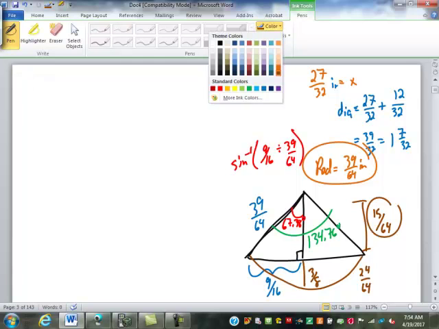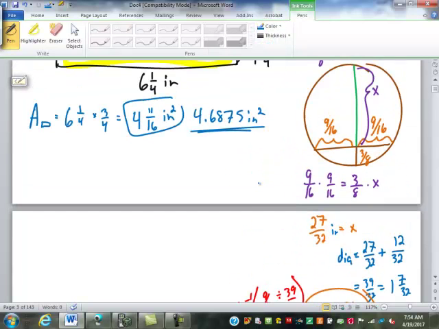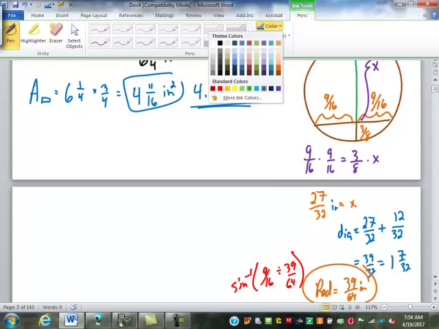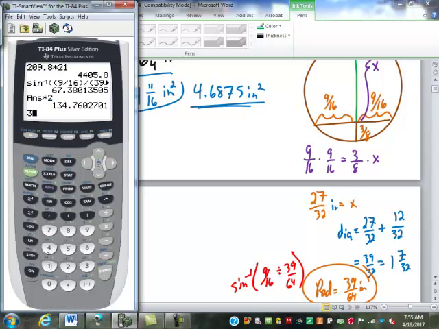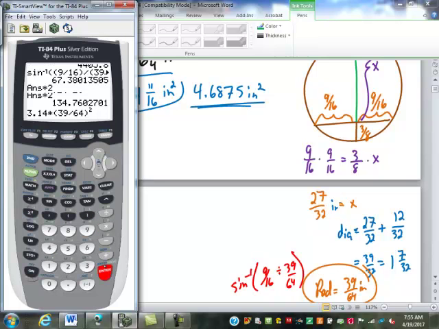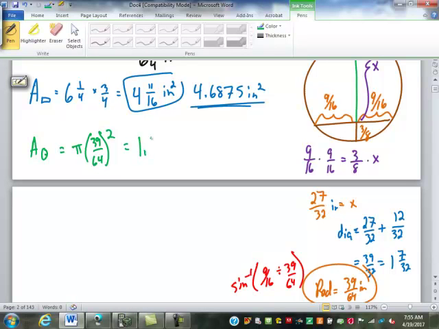So our sector, we're going to find the area of the whole circle. That's going to be pi times our radius of 39/64 squared. So 3.14 times 39 divided by 64 squared. 1.166 inches squared.